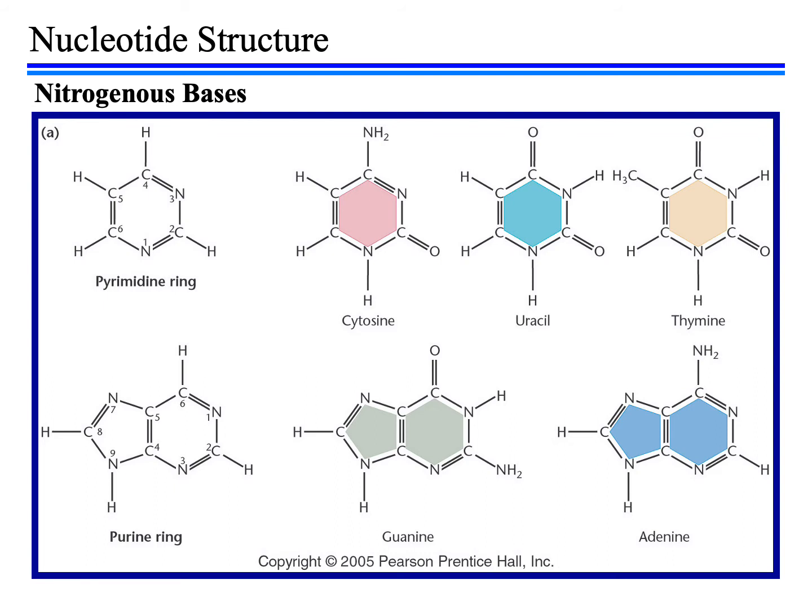And for purines, there are 2 distinct types, guanine and adenine. So again, I won't ask you for specific structural detail for any of the individual nitrogenous bases, but you absolutely should know that cytosine, uracil, and thymine are pyrimidines and are 6-membered ring structures, and guanine and adenine are purines, which are more complex overall, a 6-membered ring fused to a 5-membered ring.